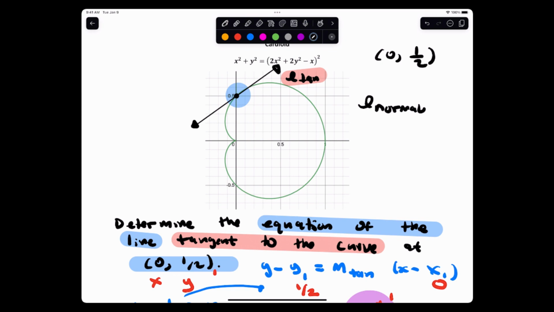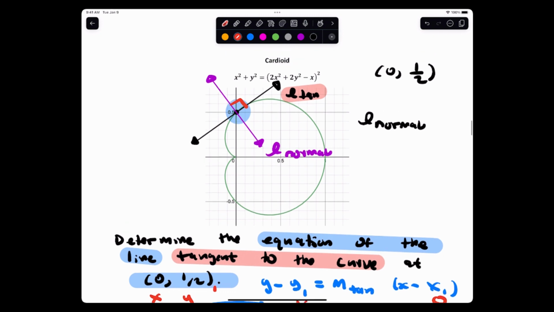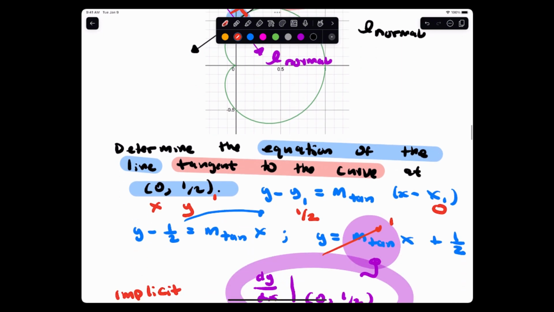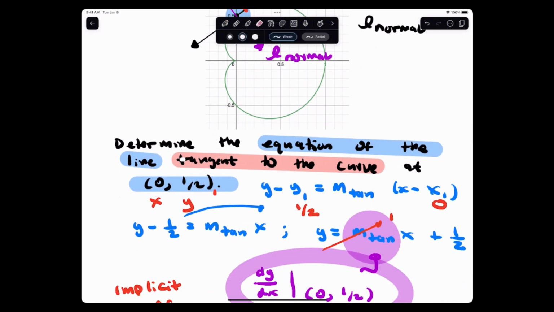How do I find a line that's perpendicular at that location? That's the normal line, right? Do you guys remember? Didn't we talk about that? You guys remember, these lines have to be perpendicular, orthogonal to one another. So what if they want not the tangent line, but they want the normal line to the curve? So they change it now.